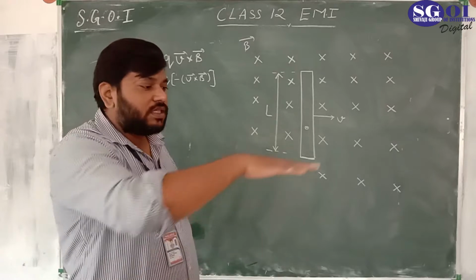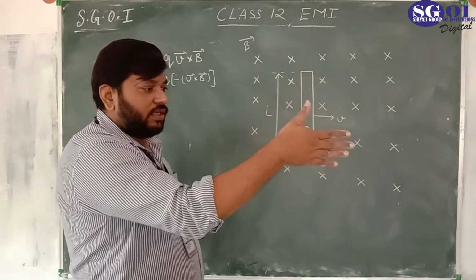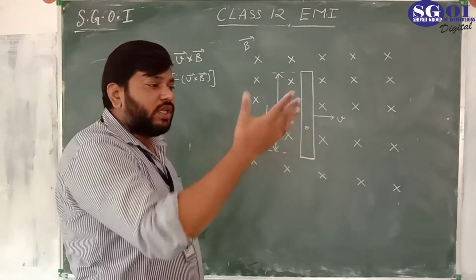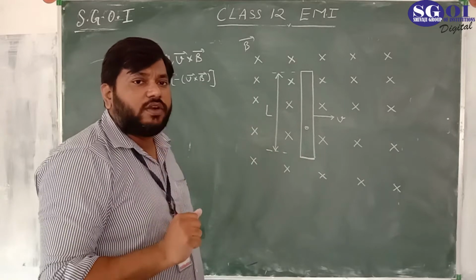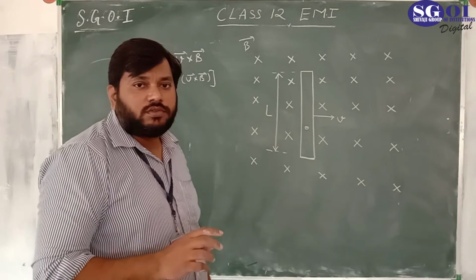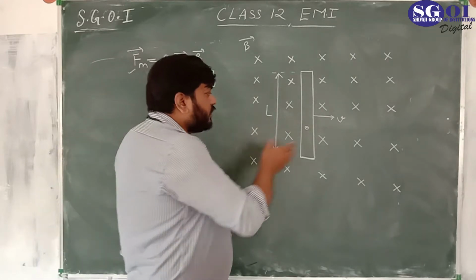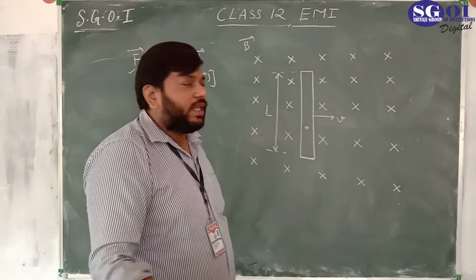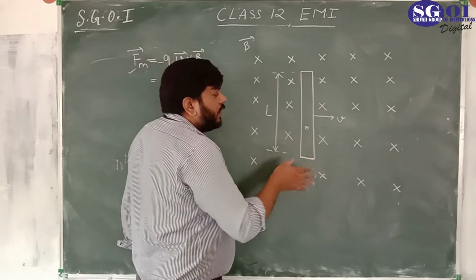There are four cases of the right hand rule for finding the direction when there is a cross product, very important for you. So which case would be suitable here?